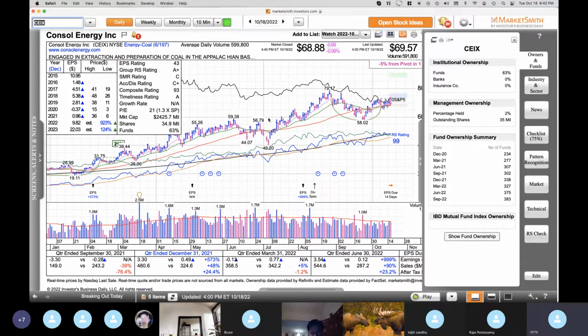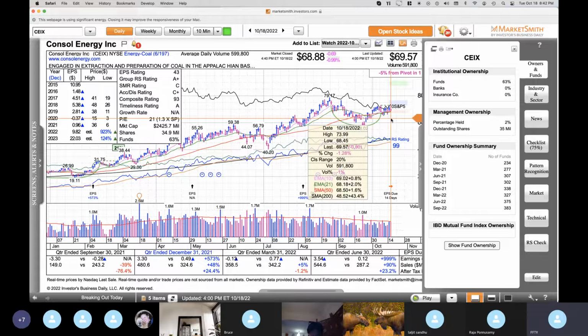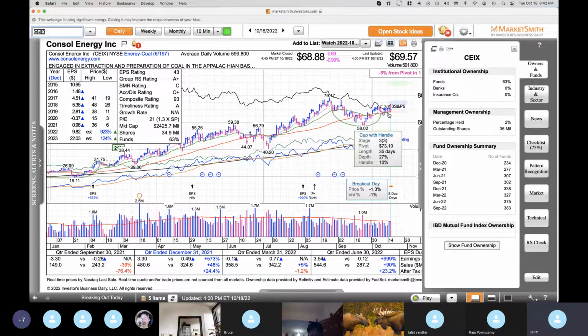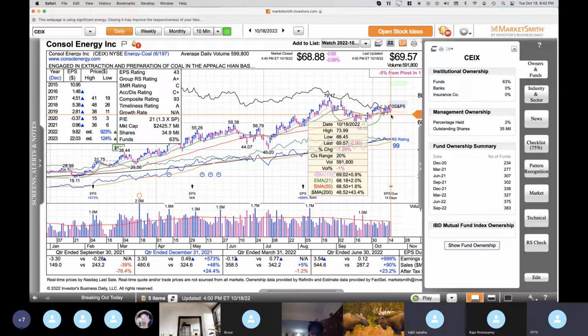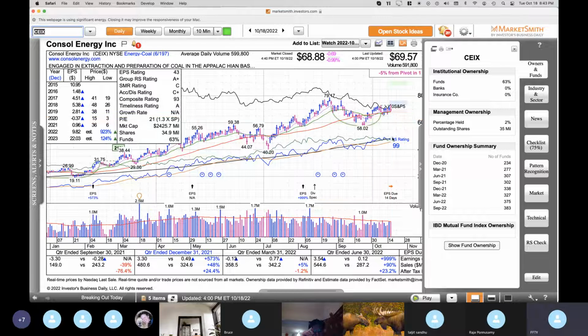And CEIX, CONSOL Energy, same thing as the other one. You just tested the pivot, but it reversed, coming back down to the moving averages. They are consolidating there. All of them are right there, the 10, 21, 50, and 200. Sorry, the 200 is down here.